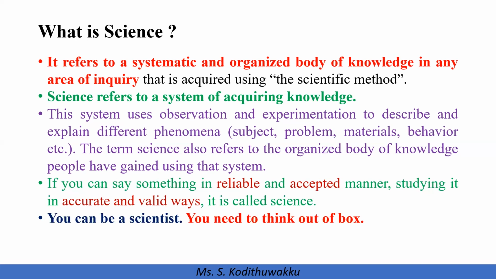Therefore, they are reliable, we can trust them, and we can even accept them. That's the nature of science. Why? Science theories, concepts, and principles are based on a lot of experiments.